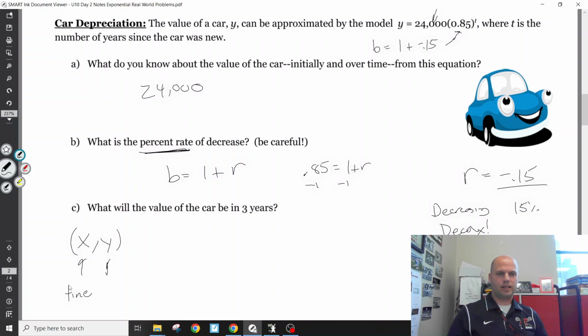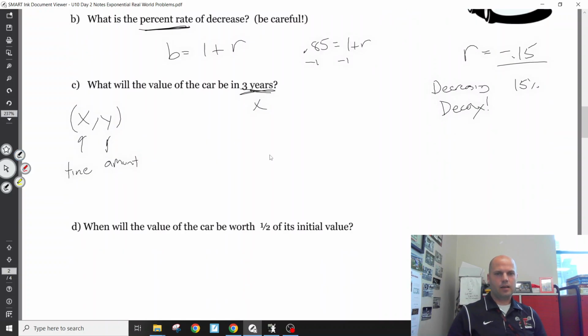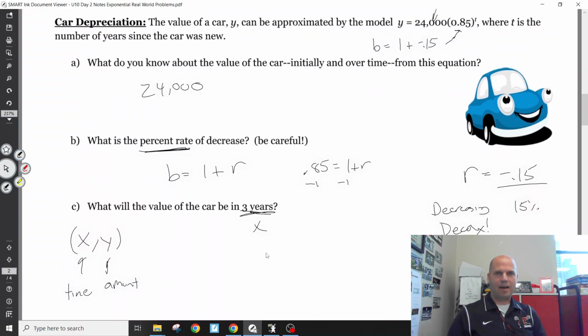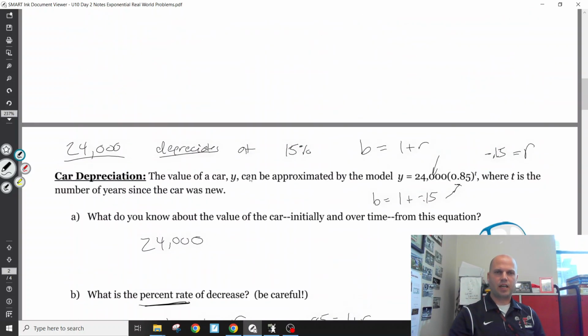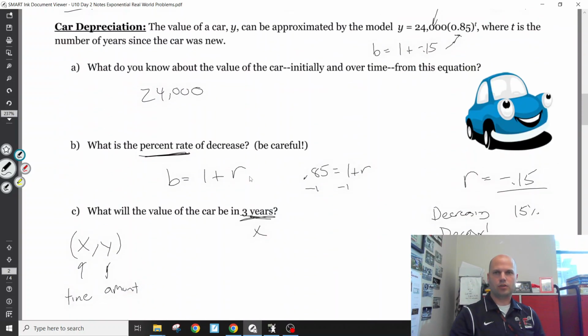X's are like the time, y's are like our future amount. So 3 years would be an x, and half of its value, the y, would be 12,000. And then we can use our graphing capabilities to answer these two questions.